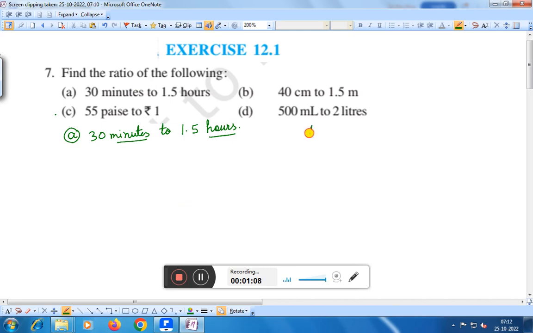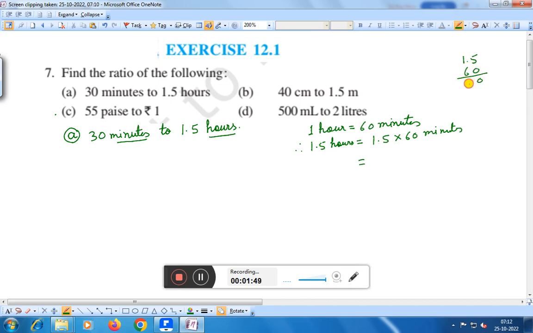We know that 1 hour is equal to 60 minutes. Therefore, 1.5 hours is equal to 1.5 into 60 minutes. Now, if we multiply 1.5 into 60, what are you getting? 1.5 multiplied by 60.